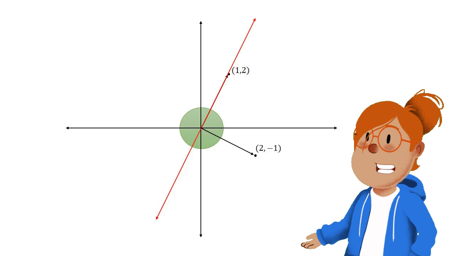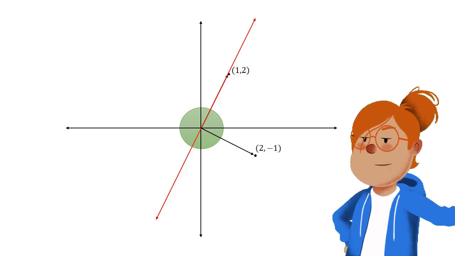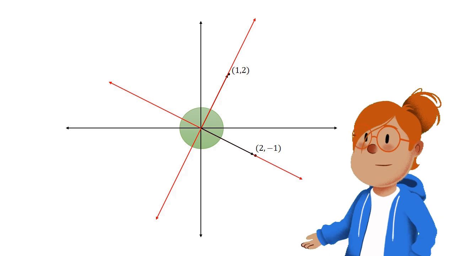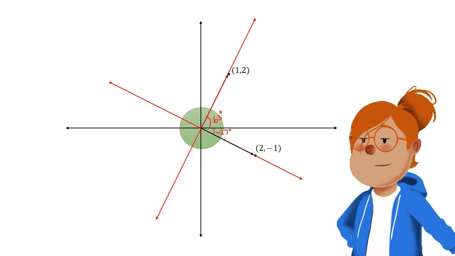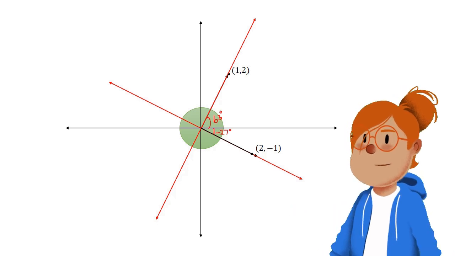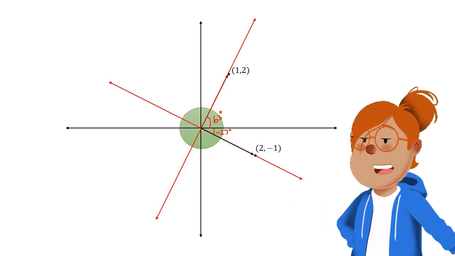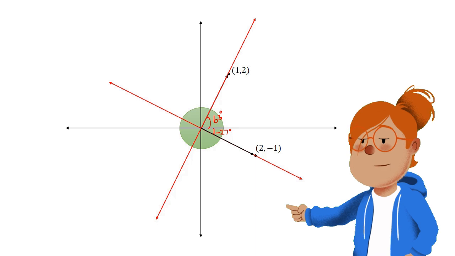Now the angle between the positive x1 axis and the eigenvectors can be plotted, which is 63 degrees and minus 27 degrees. So along the first eigenvector, the stretching is maximum, and along the second eigenvector, the stretching is minimum.